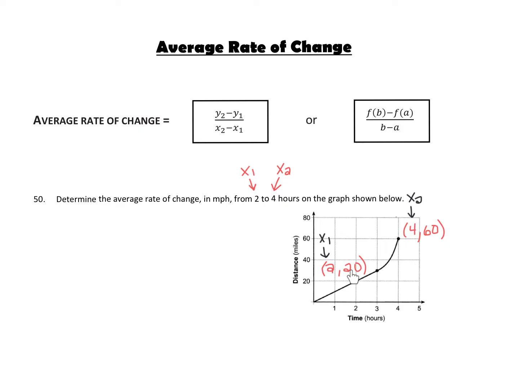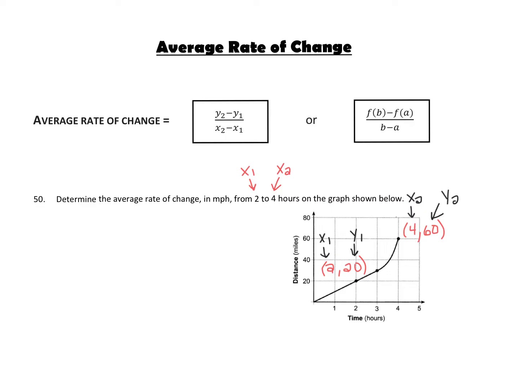So since 20 corresponds with 2, I'm going to call this y sub 1. And since this is the y value that corresponds with our x value of 4, right? Since 4 is x sub 2, I'm going to call the 60 y sub 2.